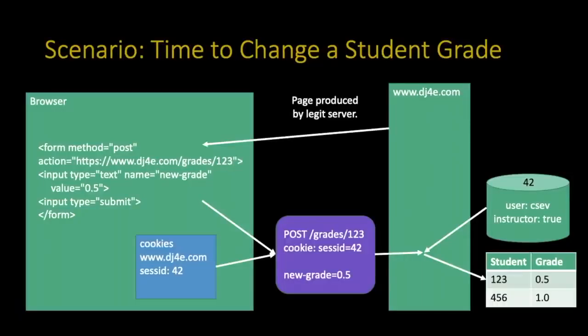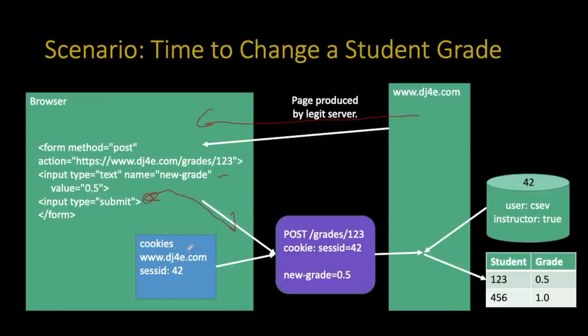So here's a picture of how this works. We'll have a legitimate server. We're going to produce a page by the legitimate server, and it's going to post back to this same server. The action is the URL to send the post data to, and we've got some key-value pairs and a submit button. So you hit the submit button, and it's going to come back to the server.